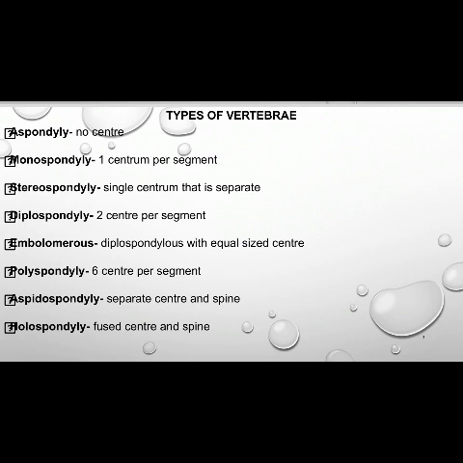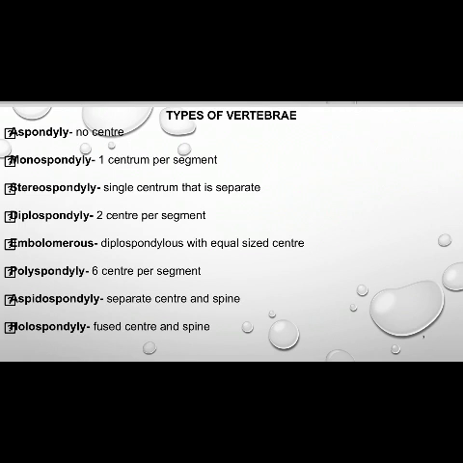Then embolomerous. Embolomerous means the vertebrate is diplospondylous, with 2 centers per segment of the vertebra, and in addition these 2 centers have equal size.